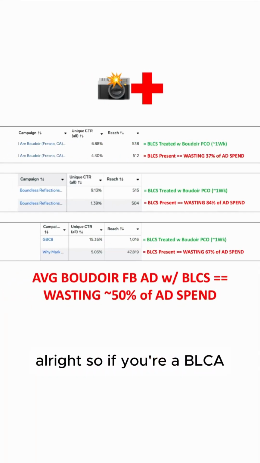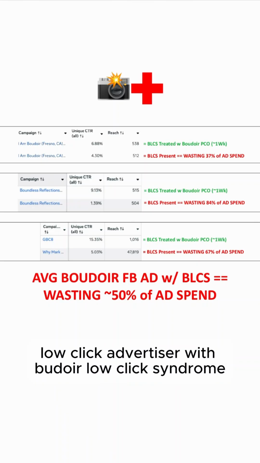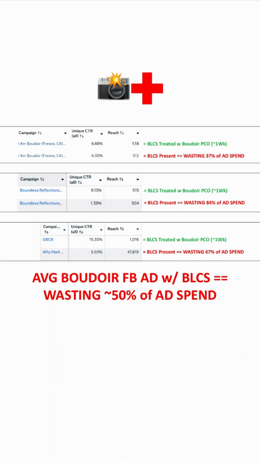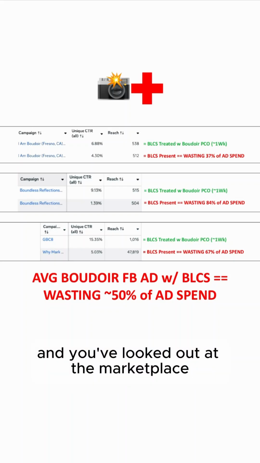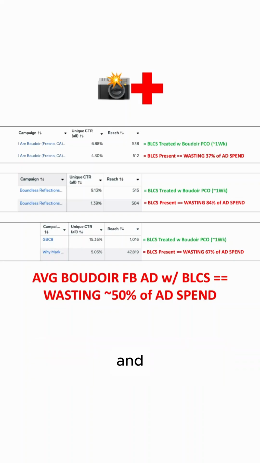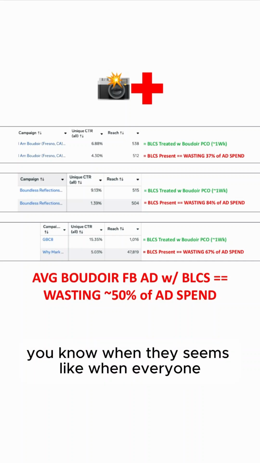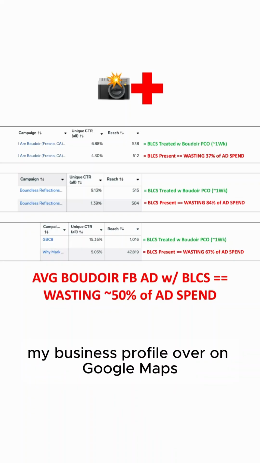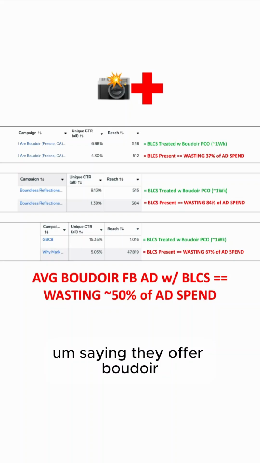All right, so if you're a BLCA with BLCS, so a Boudoir low click advertiser with Boudoir low click syndrome, so your Boudoir Facebook ads have a unique CTR under 6%, and you're spending more than 10 grand a month on Boudoir Facebook ads, and you've looked out at the marketplace, seeing it get more saturated in your city, and you're seeing more and more women, it seems like anyone who gets a new iPhone is throwing up a new Google My Business profile over on Google Maps, saying they offer boudoir.